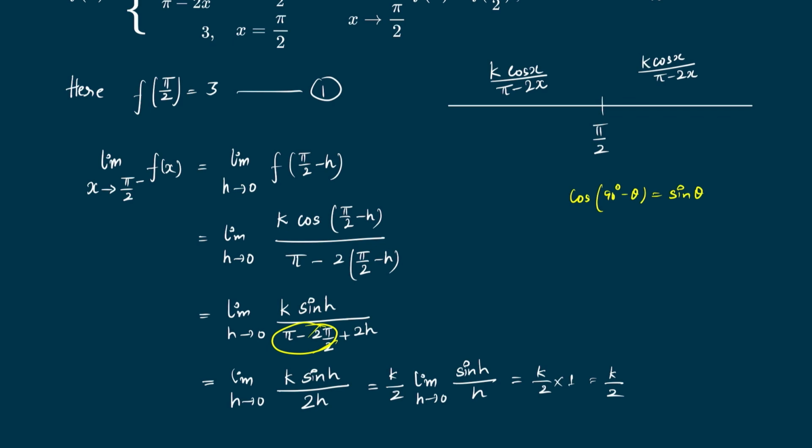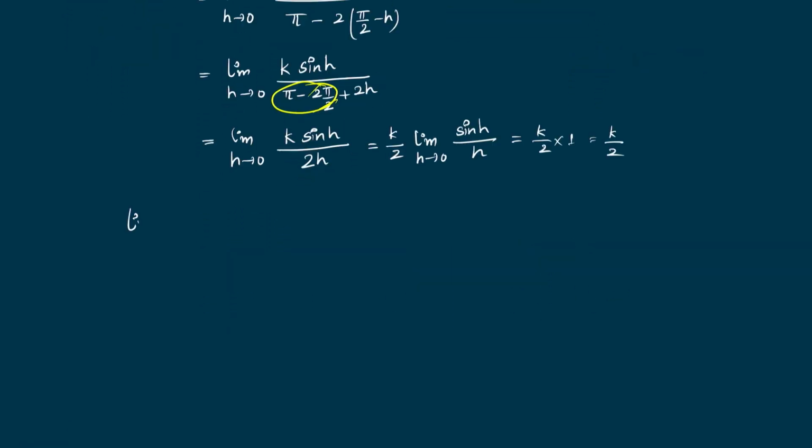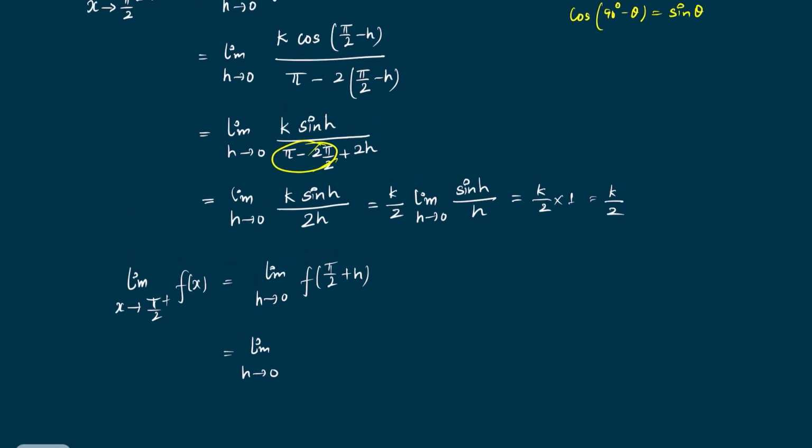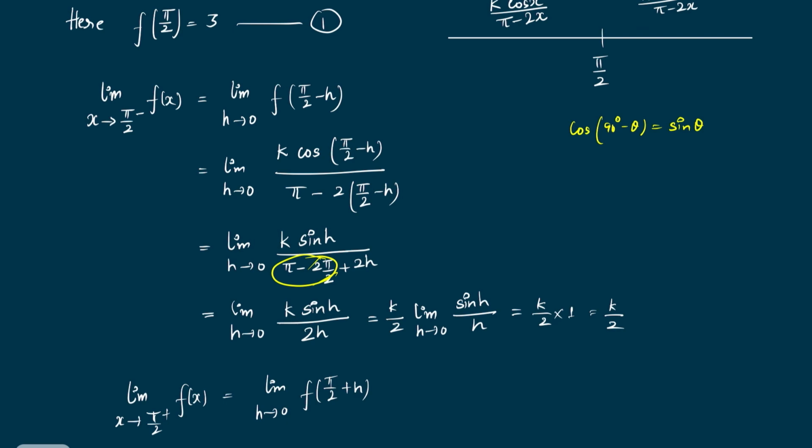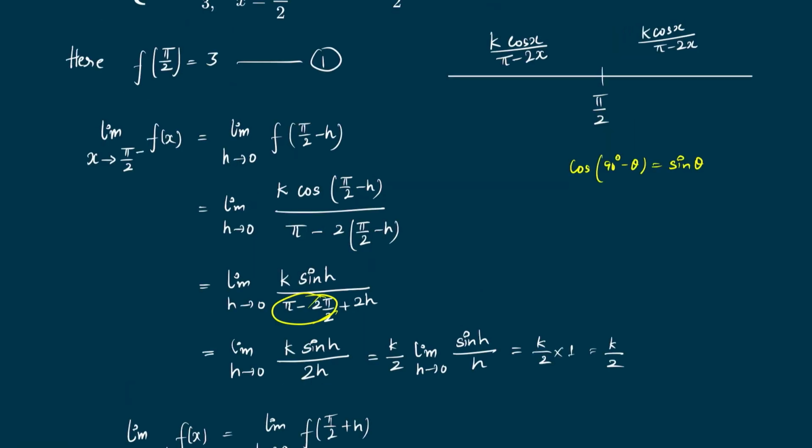Now let us find the right hand limit. Limit x tends to pi by 2 plus f of x equals limit h tends to 0 f of pi by 2 plus h, and that will be equal to limit h tends to 0. Now since we are approaching pi by 2 from the right hand side, the function here is again the same.